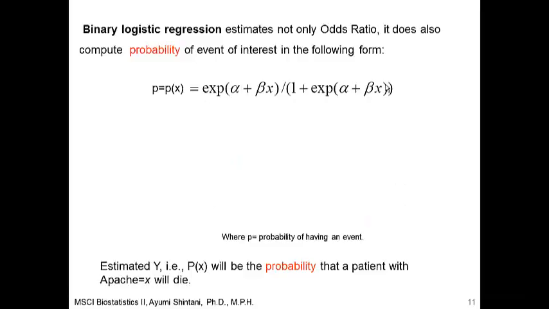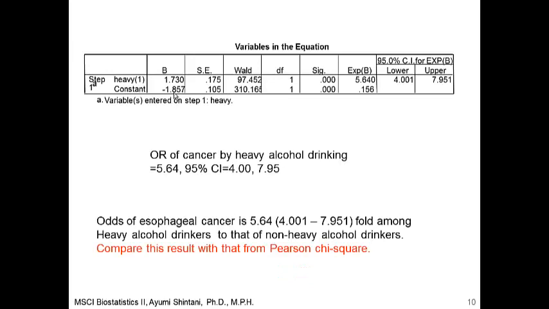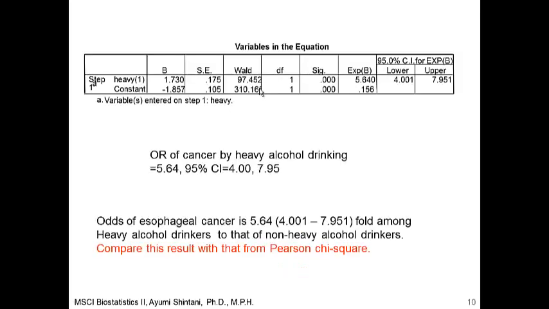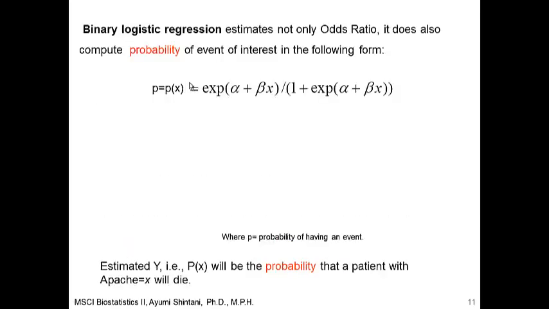This is the formula. What you do is plug in alpha, which is minus 1.857, and beta, which is 1.73, and beta times x. X would be 1 for the heavy alcohol drinking group and 0 for the non-heavy alcohol drinking group. Do the same thing here, and then you compute it out. That's how you compute the probability of events, not the odds in this case. And let's do that.